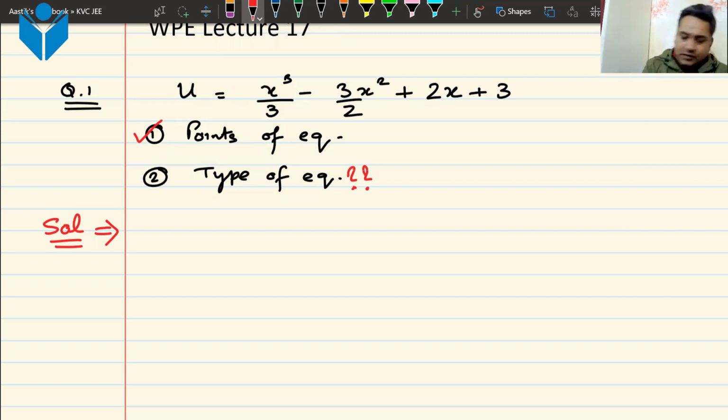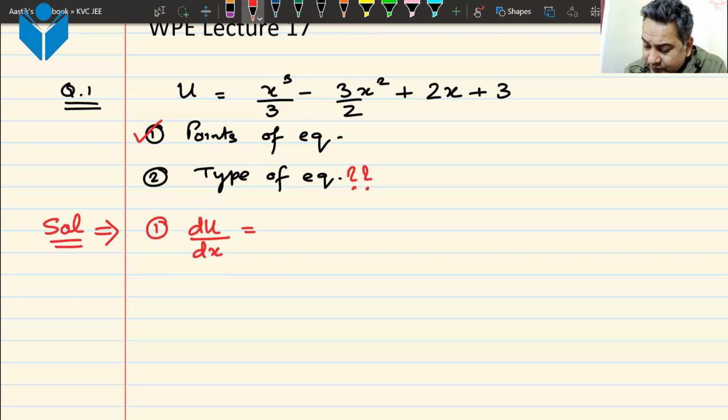Okay. Let me solve this question. The first step here, as all of you know, is that you have to find du by dx, the first derivative of the energy function. Now, if I differentiate the entire thing, it will be 3x squared by 3, so 3 and 3 will get cancelled.